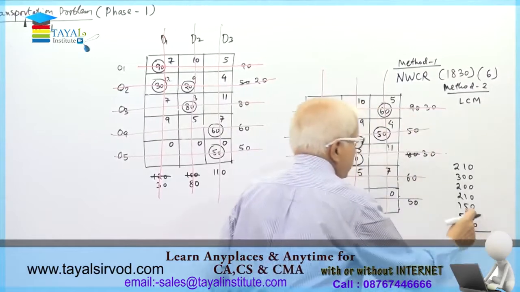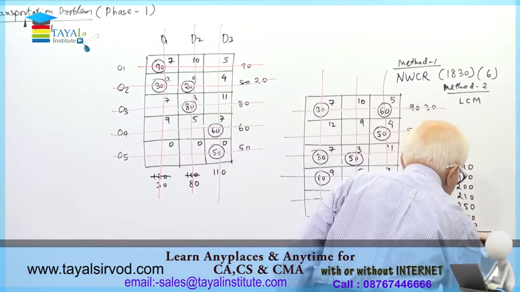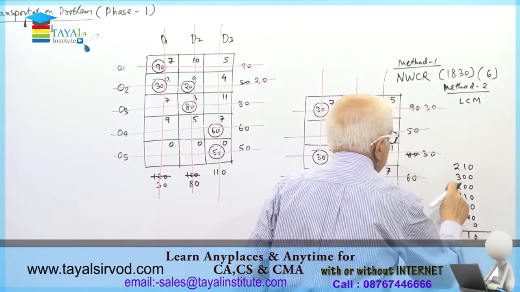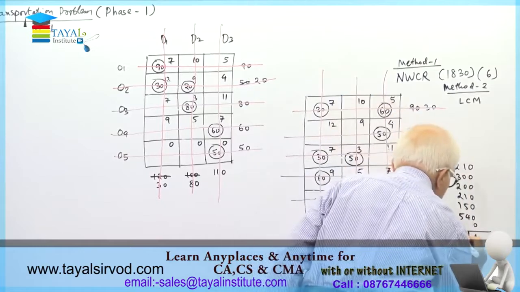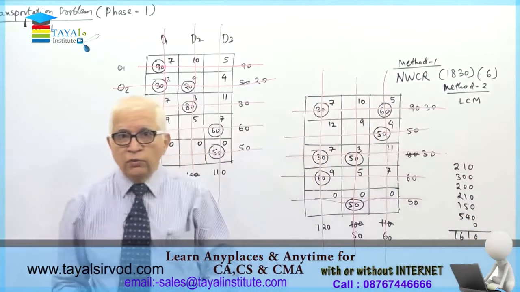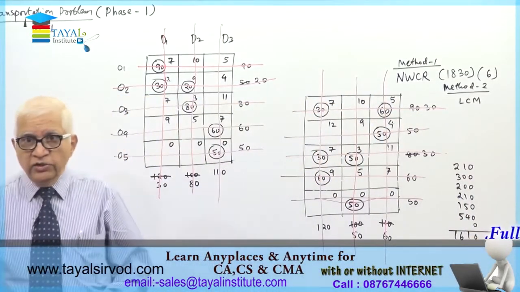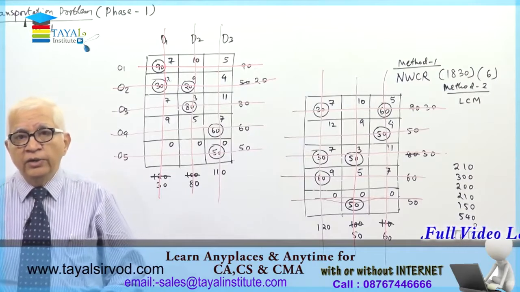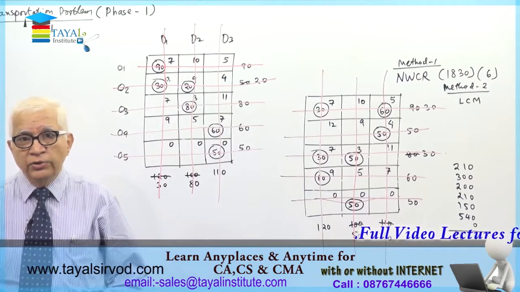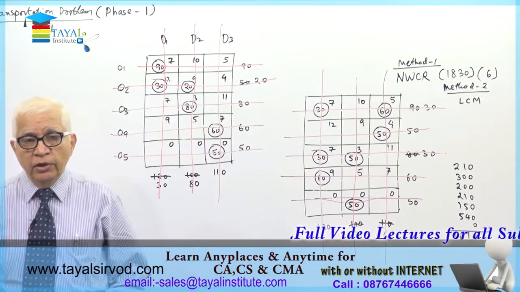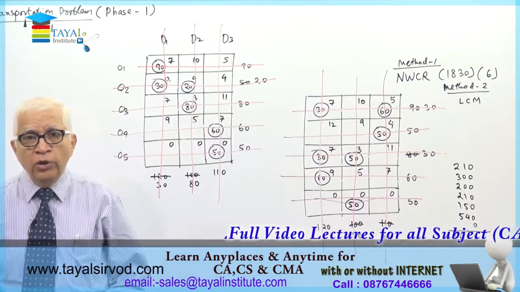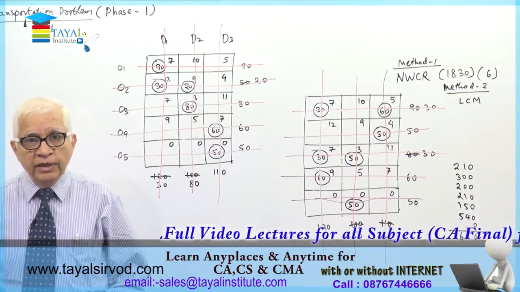So what is the cost? $1610. Can you see that the moment we started applying our mind on the cost has started reducing. So the method number 2 appears to be more efficient than the method number 1.